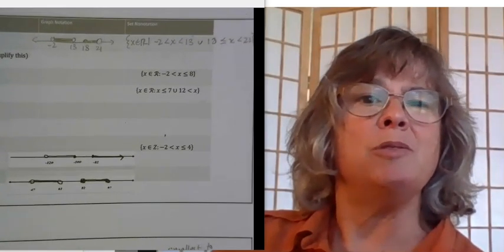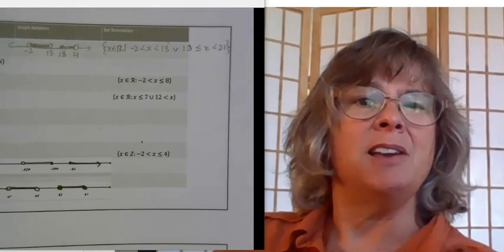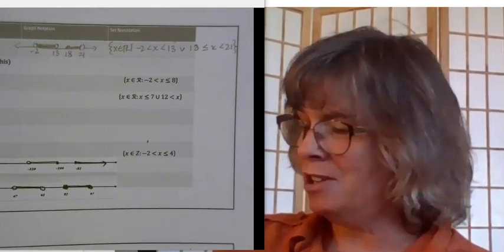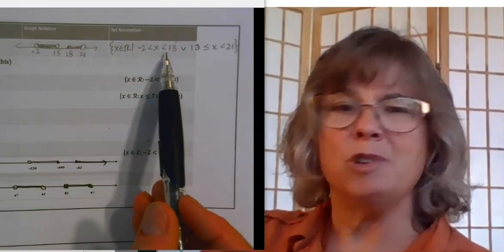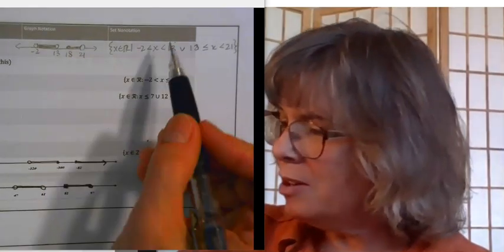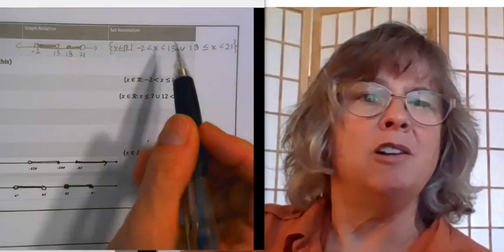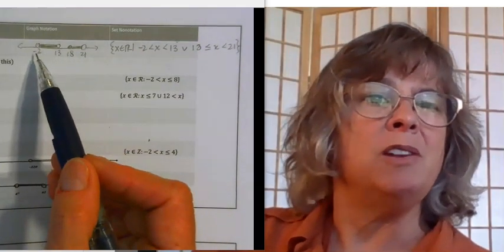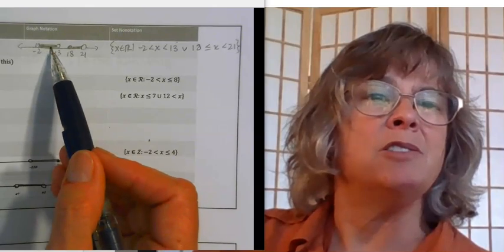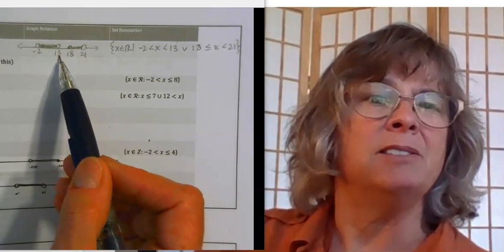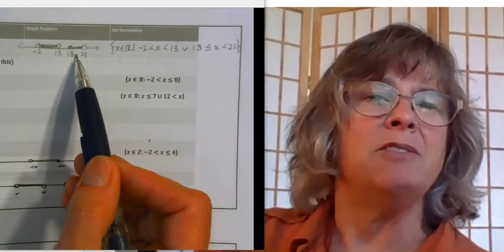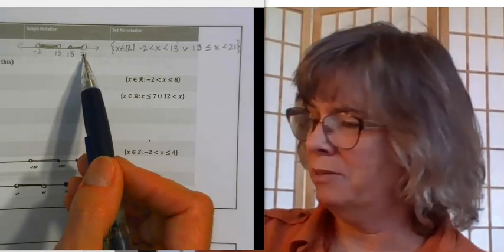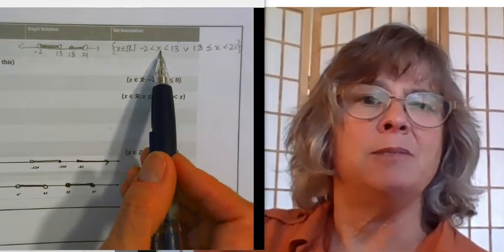And you'll note that even in set notation, it goes from the smallest numbers to the largest numbers. And you're going to sandwich the x in for wherever you have specific values for x. So in order, -2 values for x, 13, 18 values for x, 21. So notice how that x is sandwiched in between.